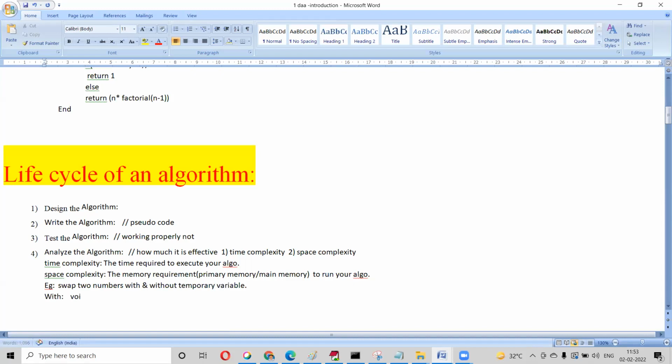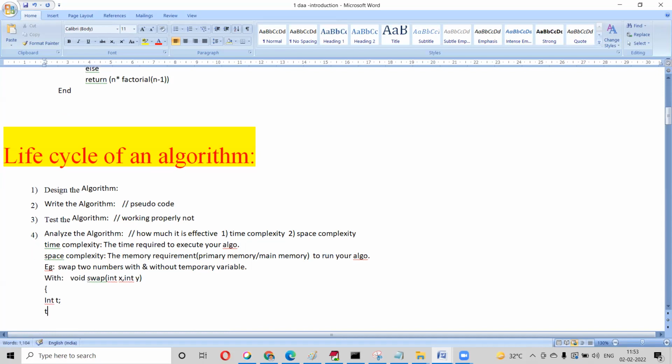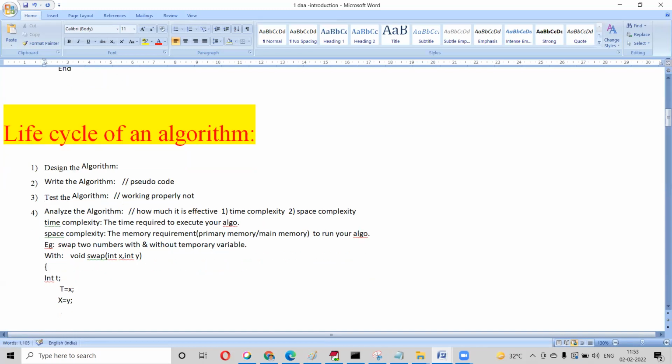I am calling this swap function by passing x and y, as pointers to x and y. Next, I take a temp or some t variable. So t is equal to x, x is equal to y, y is equal to t.